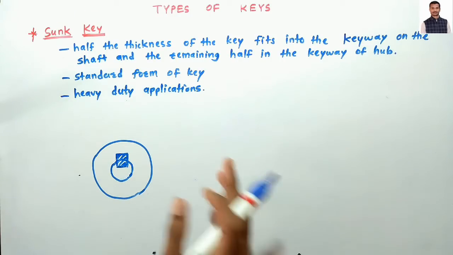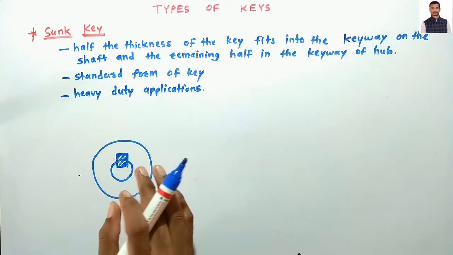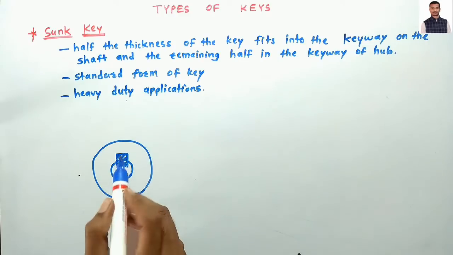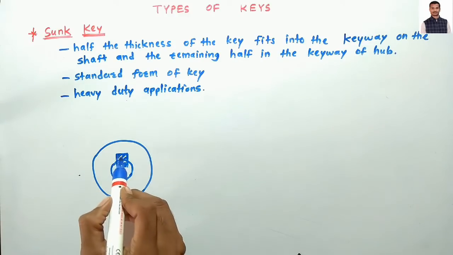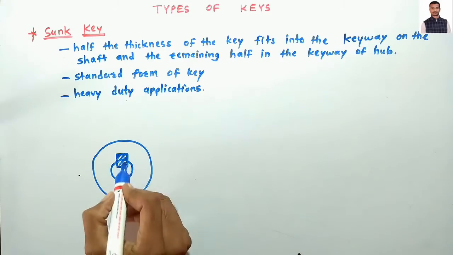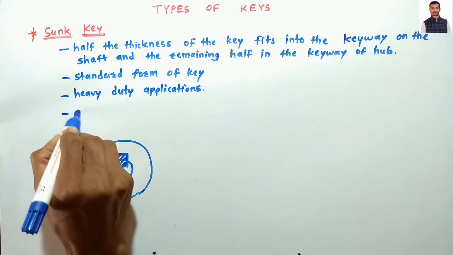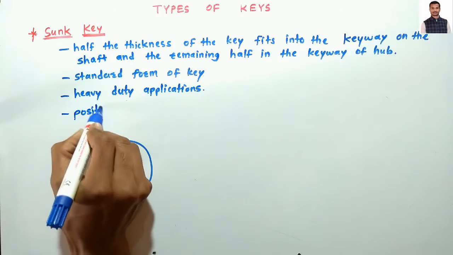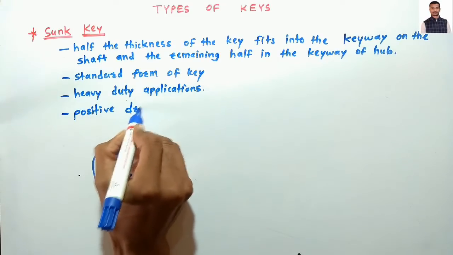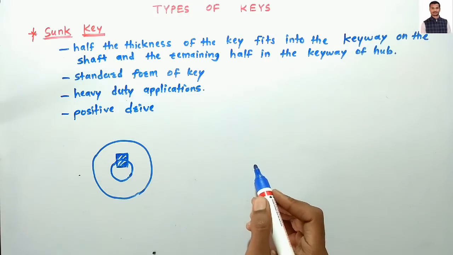In a sunk key there is no possibility of the key slipping around the shaft, and the power is transmitted by shear resistance. So it is a positive drive because there is no slip in this type of key.